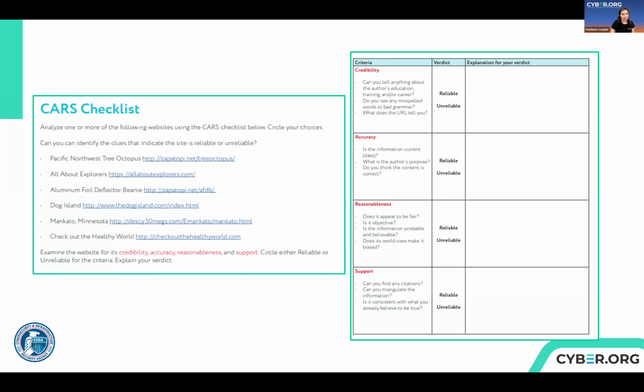I will tell you that all of these sources here are unreliable. But it's a really good, fun way that they can look at some of these different things and determine whether or not it's reliable. And so we often encourage teachers to pair that after with a site they know is reliable, where they can find some of these clues to be true.